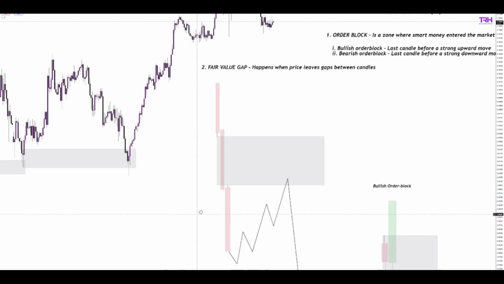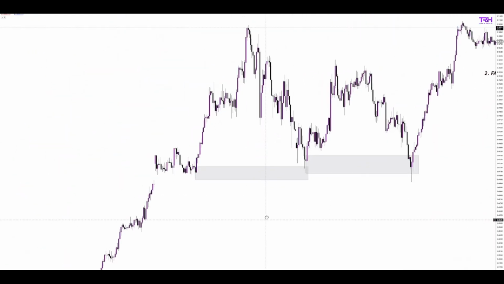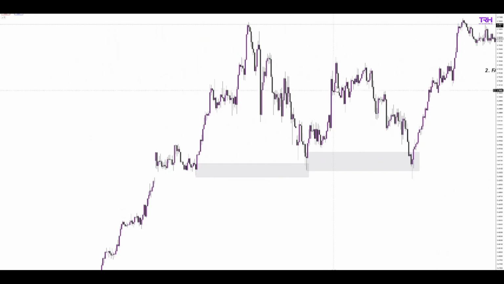Now, let me show you what I'm saying. This is what a fair value gap is, right? It can happen with any kind of market, whatever kind it is that you're looking at. Now, this is a fair value gap right here.